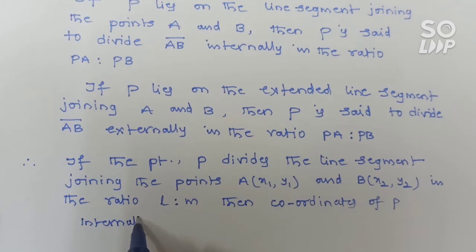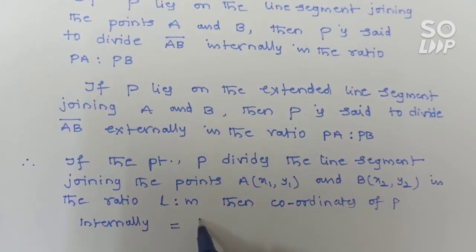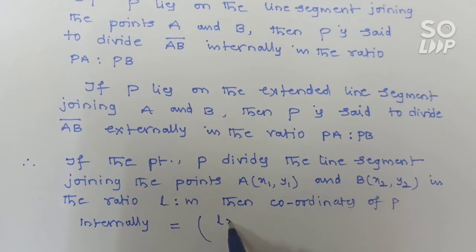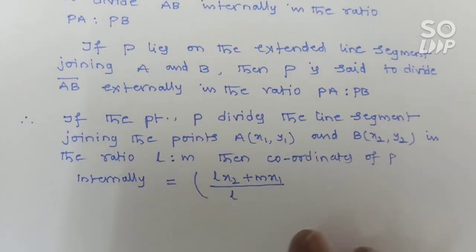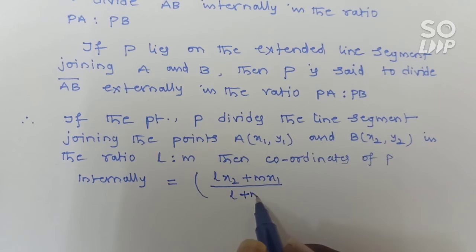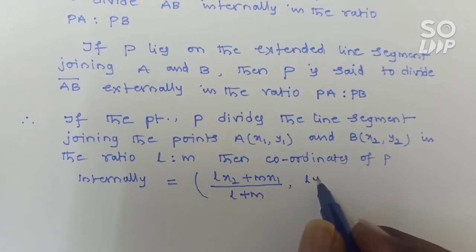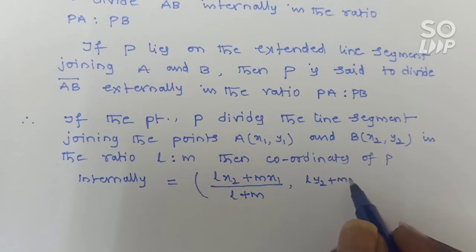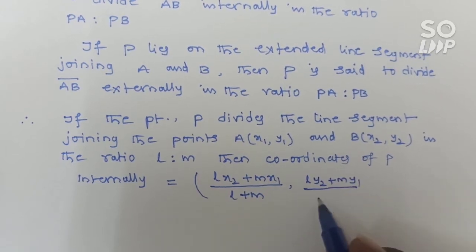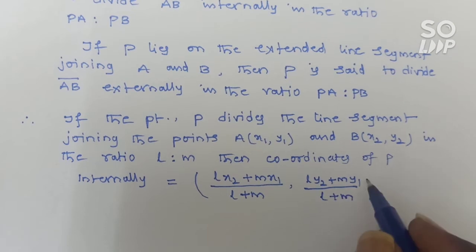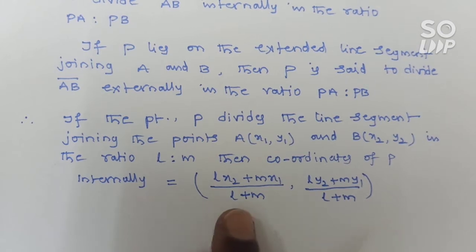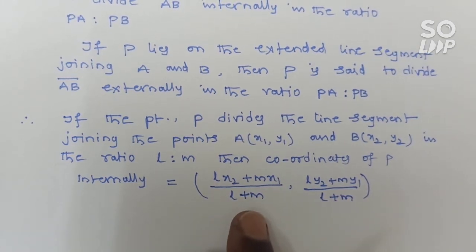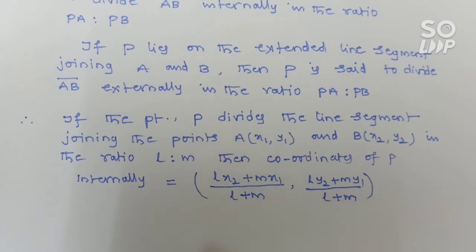Suppose P divides internally, then the coordinates will be (L into x2 plus M into x1) whole divided by (L plus M), comma, (L into y2 plus M into y1) whole divided by (L plus M). So this is the internal section formula.